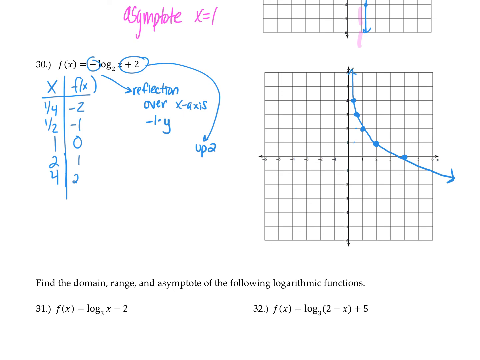I can still see that my asymptote is at x equals 0. My domain would be 0 to infinity, and my range would be negative infinity to infinity.